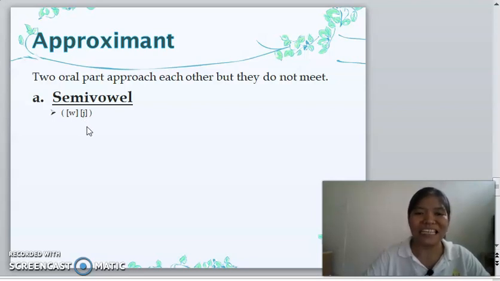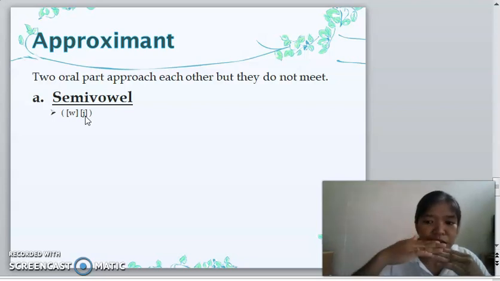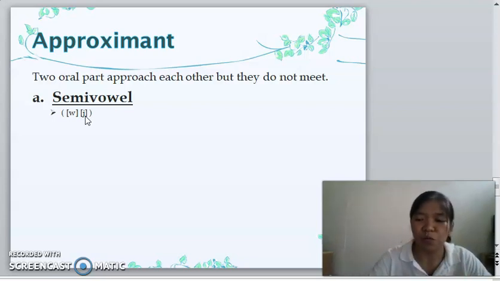It's likened to E, but it's not really E. It's Y, the sound of Y. Also observe that it is an approximant because the middle of the tongue moves very, very close to your hard palate, but they do not meet. Try to produce Y. So that is semivowels.